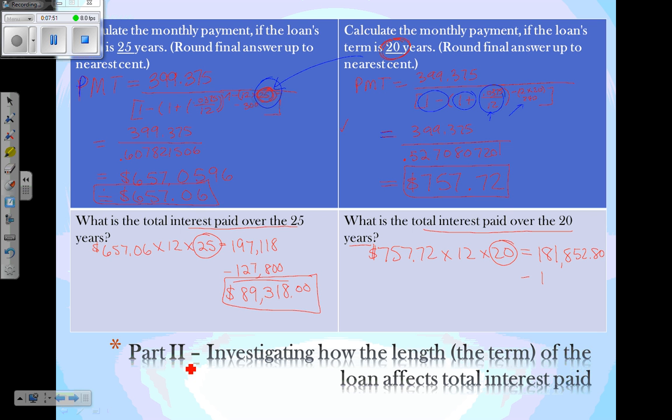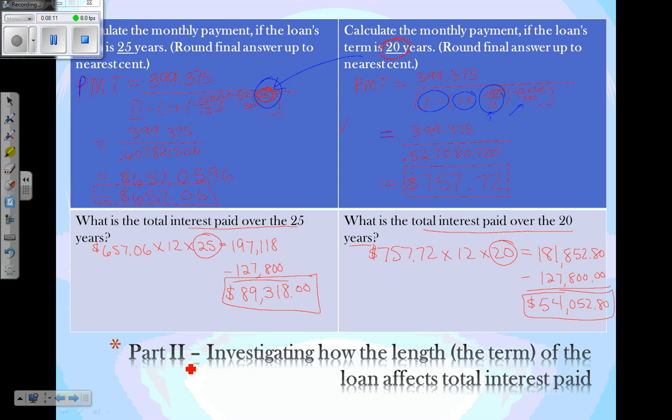When you subtract the $127,800 from that, you're going to get $54,052.80.